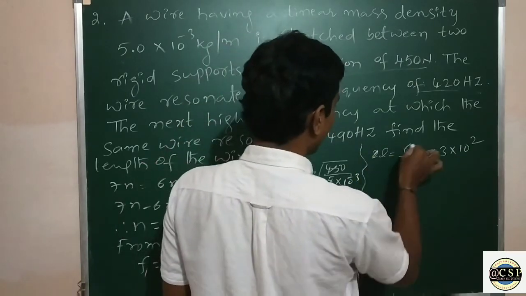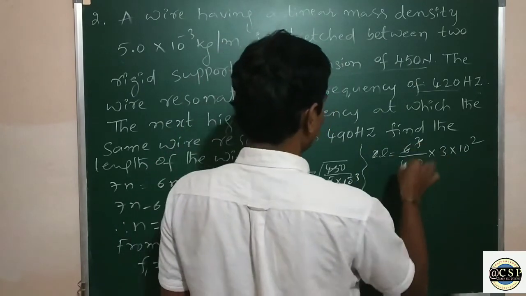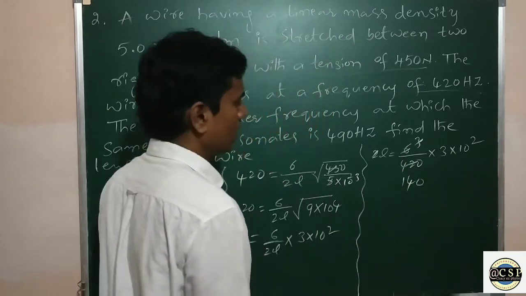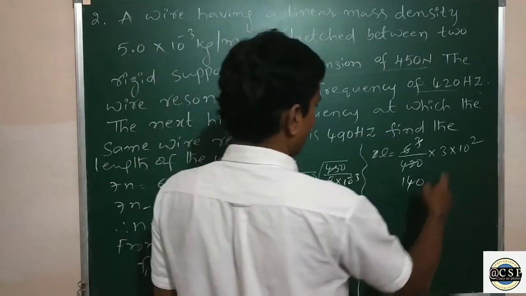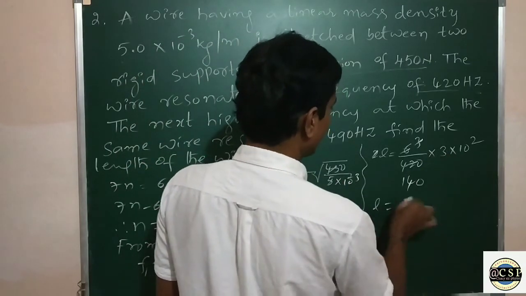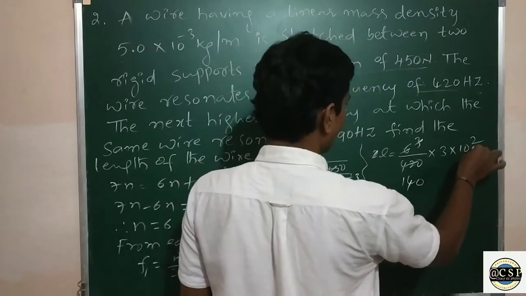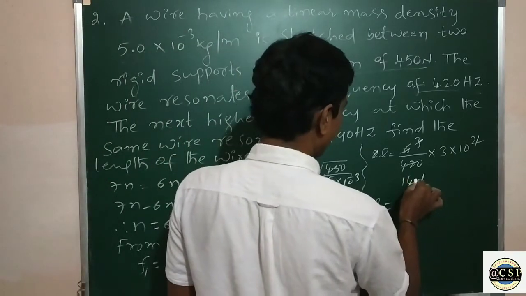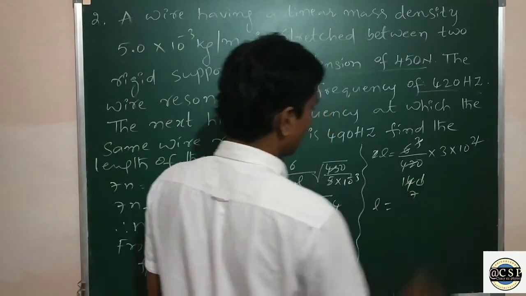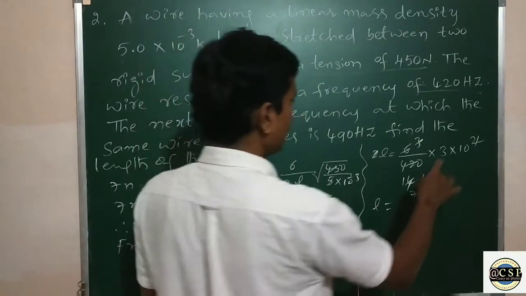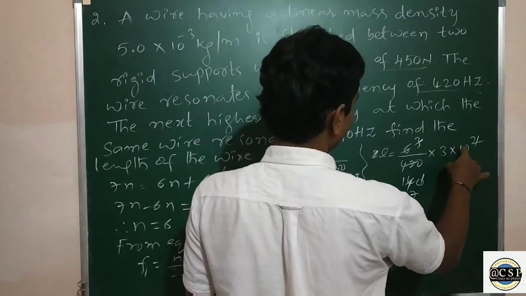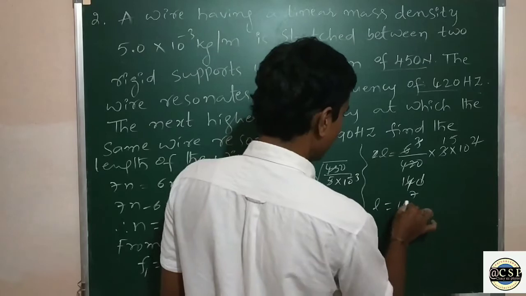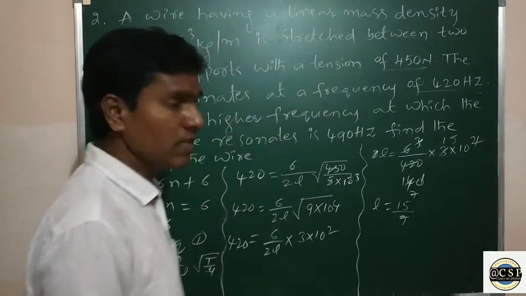After cancellations, L is equal to 15 by 7.